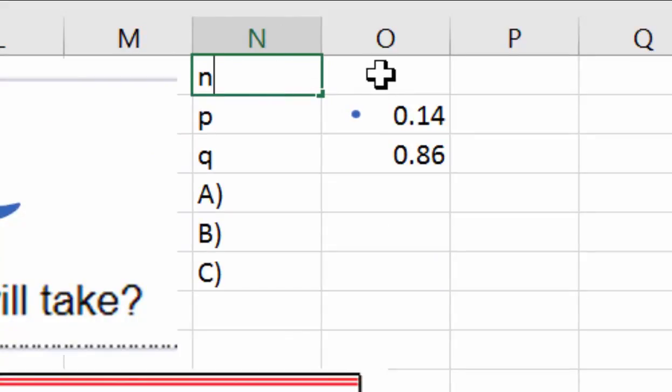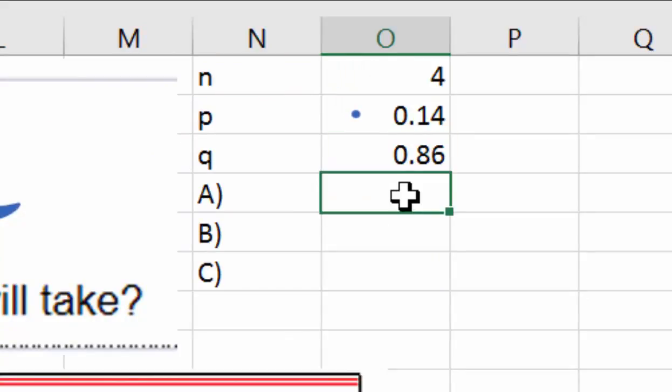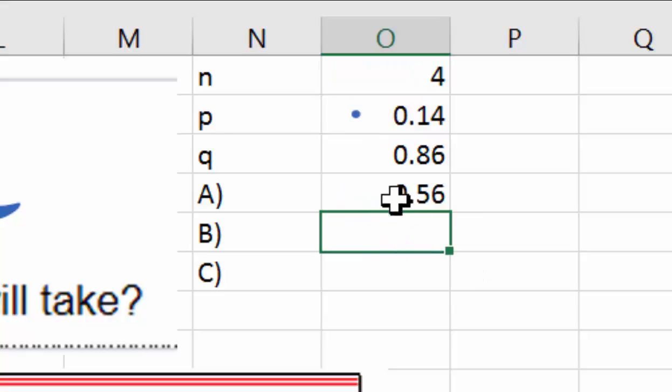N here, we remember, was 4 because they're doing 4 trials. So how many lefties do you expect? That's going to be equal sign n, which is 4, times the probability of a success, which was the 0.14. So that's how many lefties we would expect if we, not very many, right, if we only select 4 people.